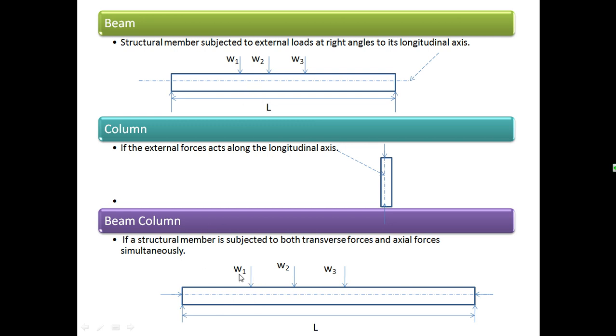The combination of both axial forces and transverse forces acting simultaneously on a structural member is known as a beam column. A beam has load at 90 degrees to the longitudinal axis; where the load and the longitudinal axis are in line, it is a column.